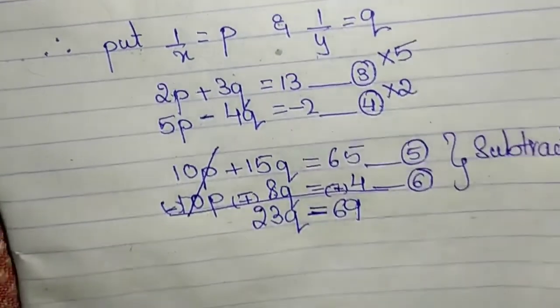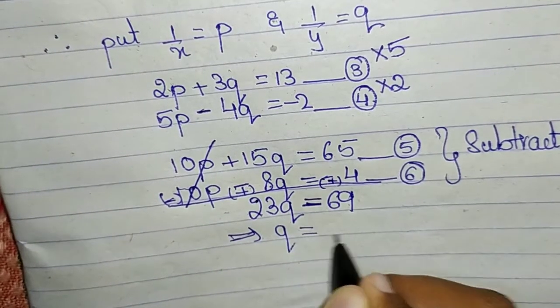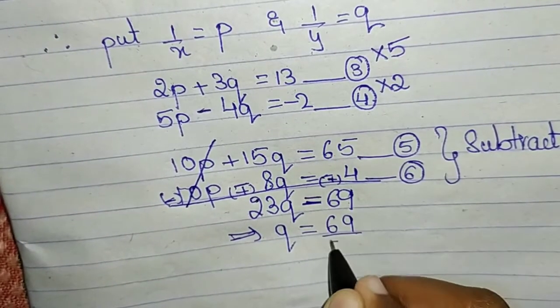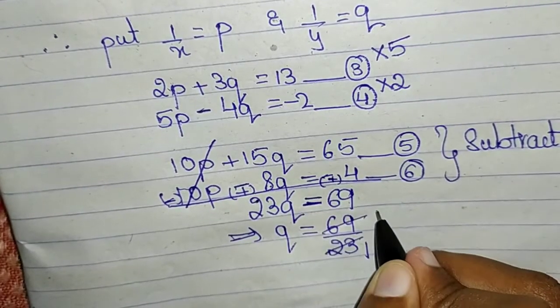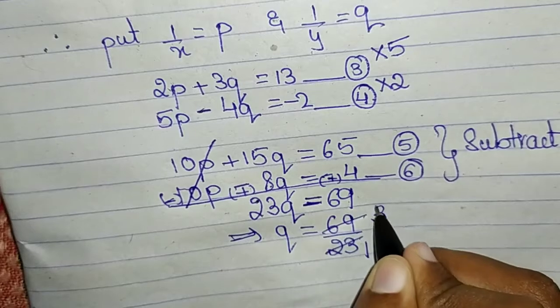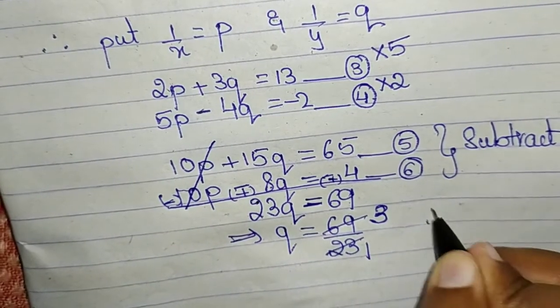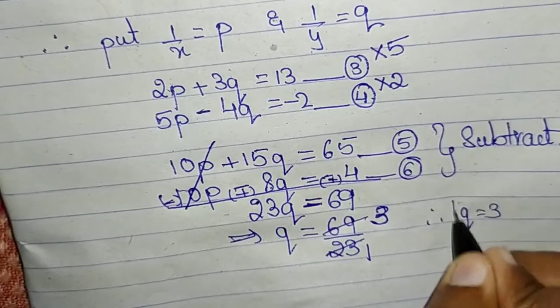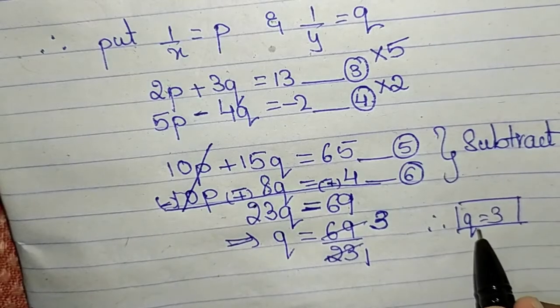So on dividing, this implies q = 69/23. 23 ones are 23, 23 3s are 69. So therefore q = 3. This is our first result. We found the value of q.